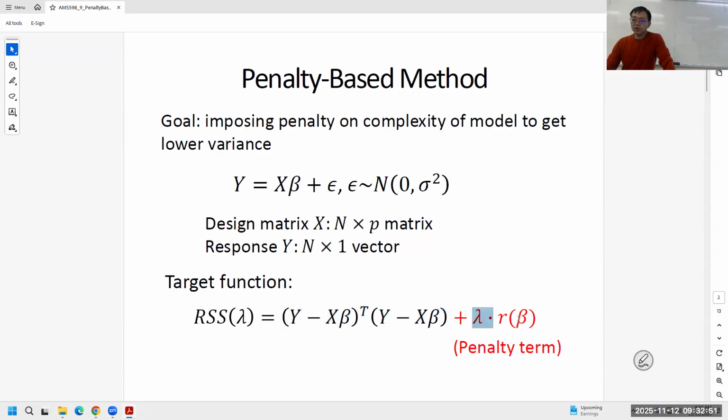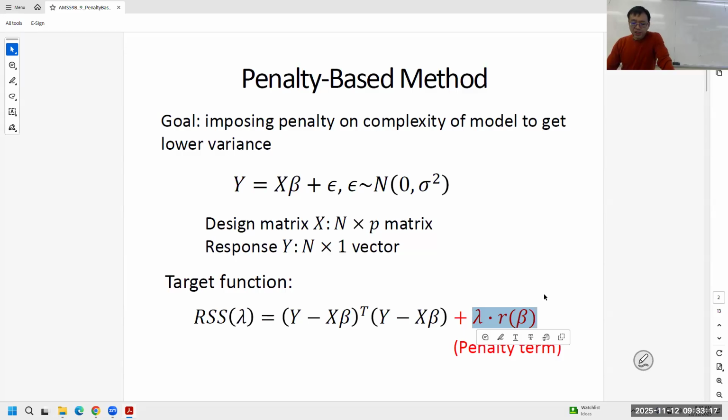On the other hand, we want to minimize this summation of the parameters, either in the absolute sense or in the square form. So the penalty term essentially tries to make beta not too big.